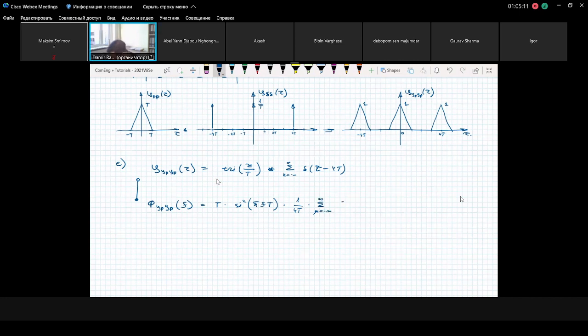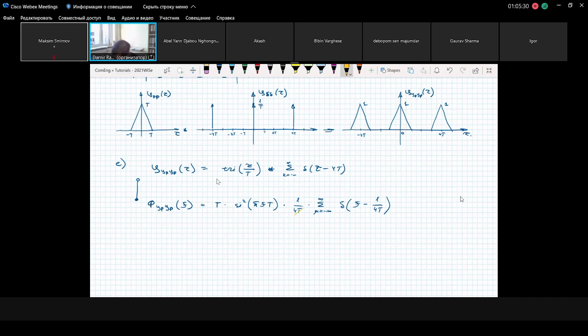For the delta pulses we have another sequence of delta pulses. For this reason, we have a different index. Instead of k, we have index mu. Delta of f minus mu over 4T.